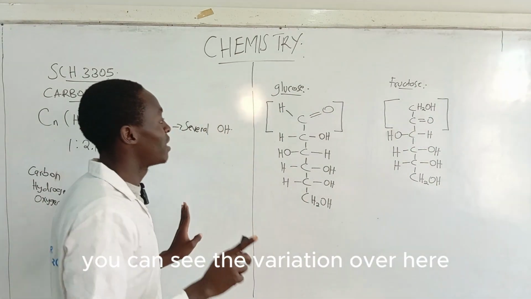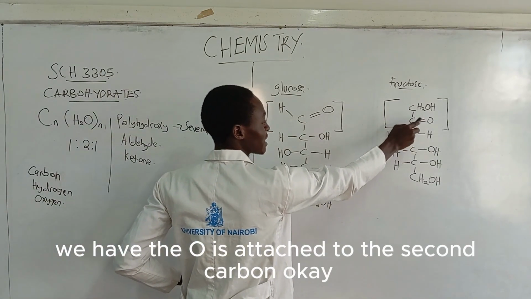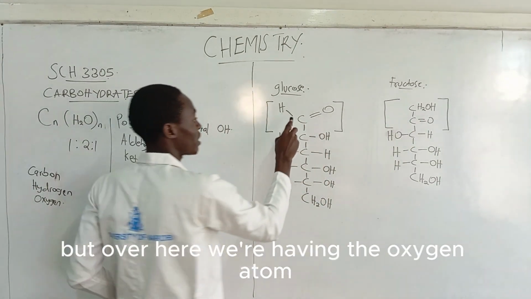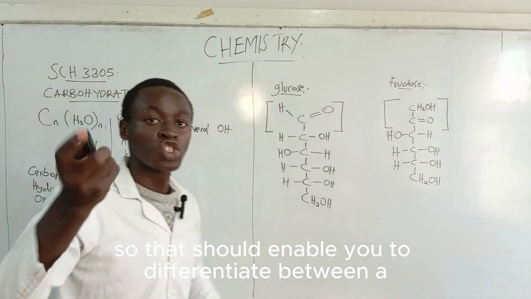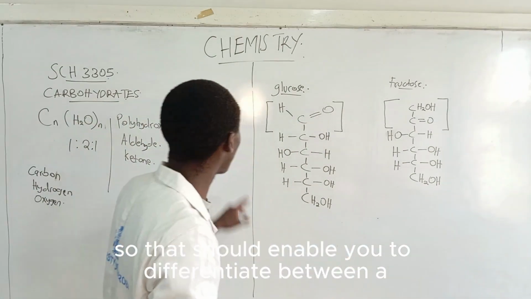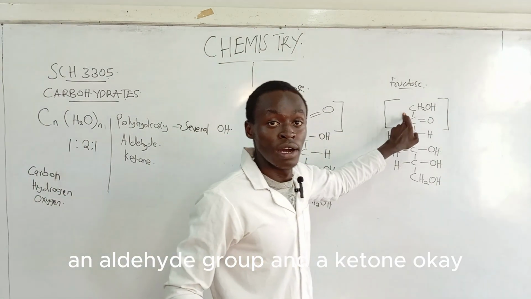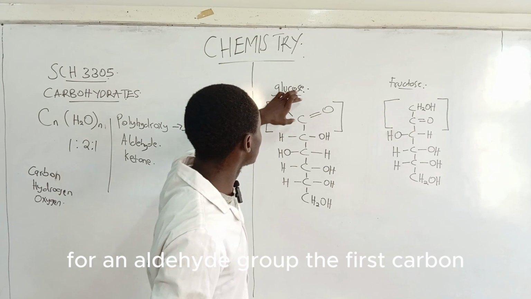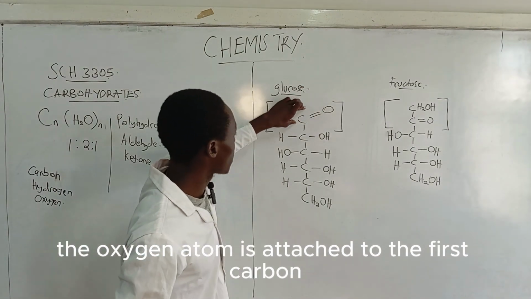You can see the variation. Over here, the O is attached to the second carbon, but over here, the oxygen atom is attached to the first carbon. So that should enable you to differentiate between an aldehyde group and a ketone. For an aldehyde group, the oxygen atom is attached to the first carbon.